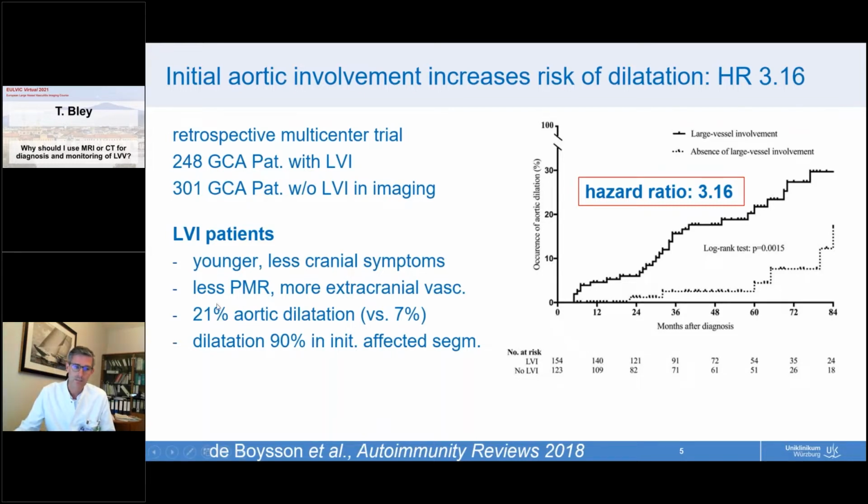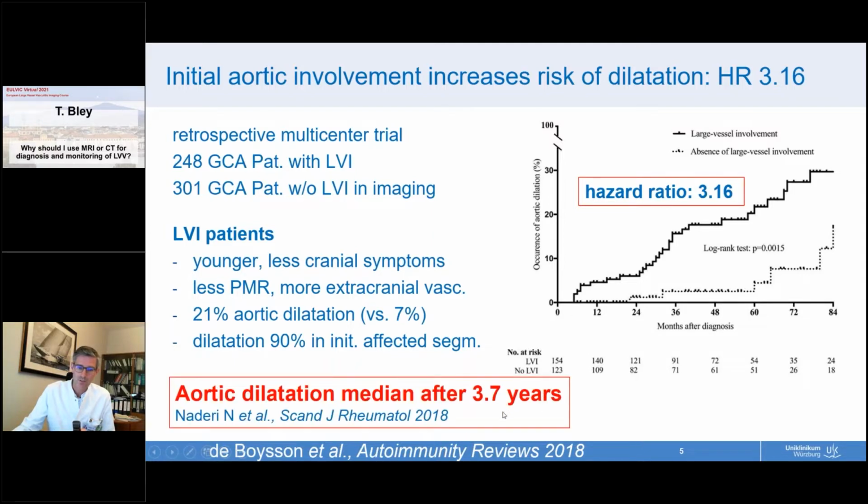And they developed in 21% aortic dilatation as compared to those who did not have large vessel involvement initially. And you can see that after about 2 years, the two groups separate. So the ones with initial large vessel involvement had a higher risk of aortic dilatation, and there was a hazard ratio of 3.16 in this study.